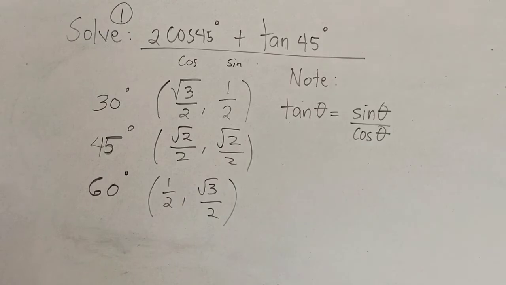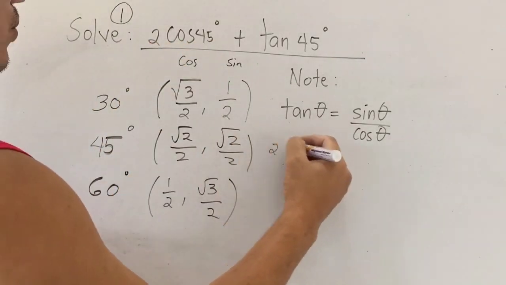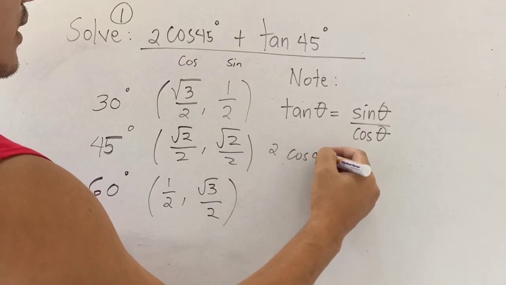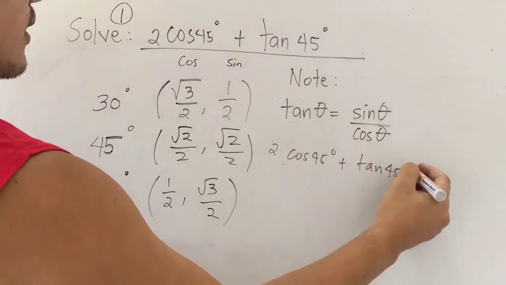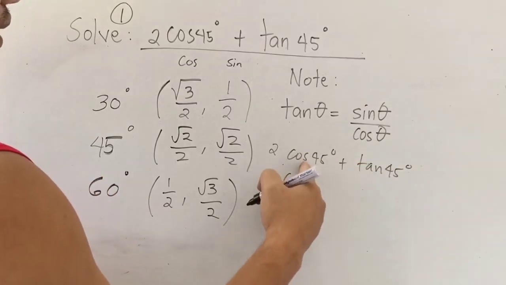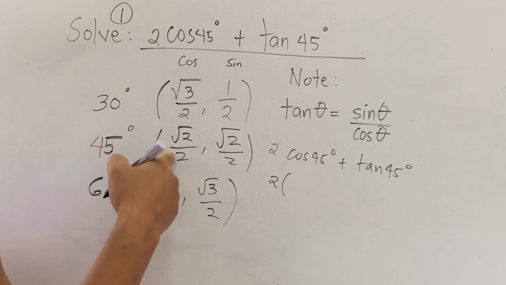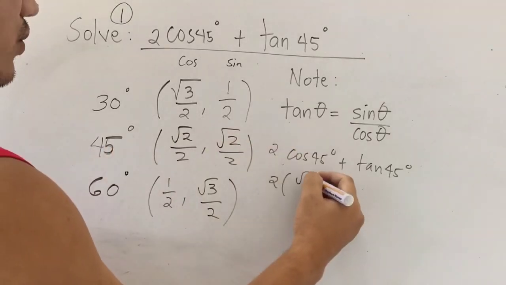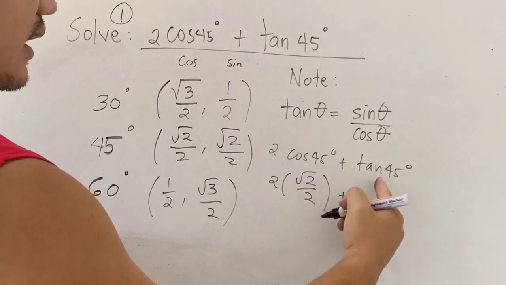Okay, now let's start with 2 cosine 45 degrees plus tangent 45 degrees. 2 times, what is the value of cosine 45? Ang cosine 45 natin ay ito, first element, square root of 2 over 2, plus tangent 45.